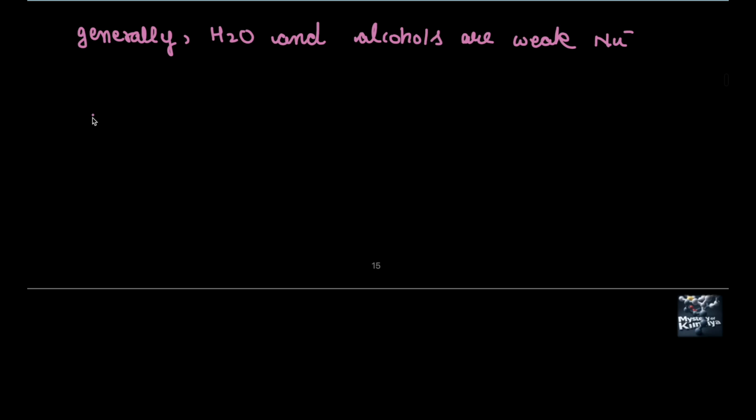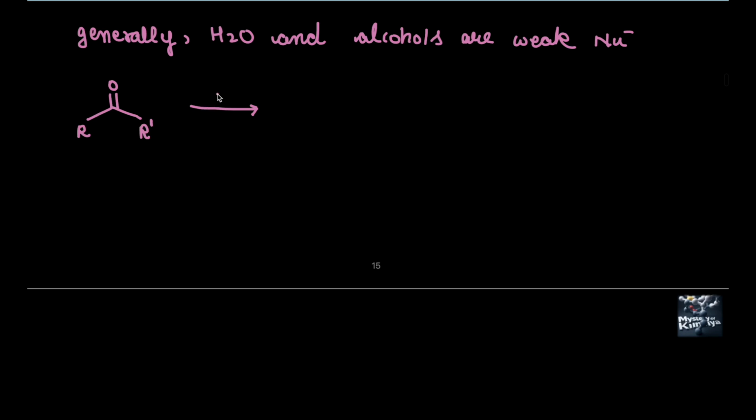First of all, let's suppose we have an aldehyde or ketone. We need to increase the electrophilicity of this carbonyl carbon. So in most cases, we add water or alcohols in acidic medium.